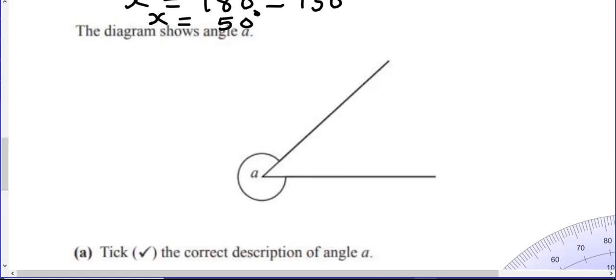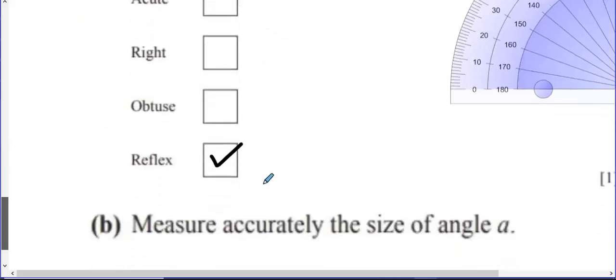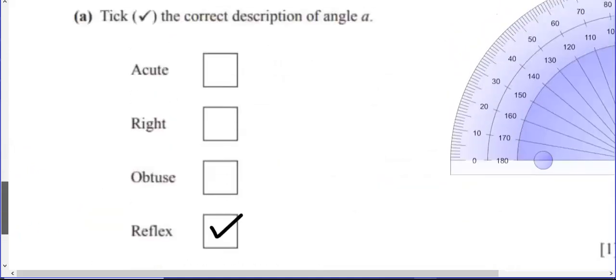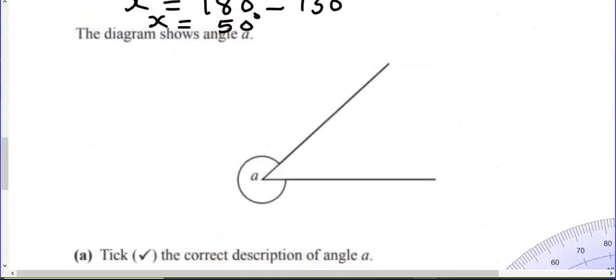The next question is, now that we know it is a reflex angle, can you measure accurately the size of angle A? To measure any angle, we need a protractor, and this is the protractor you're going to use to measure this angle.